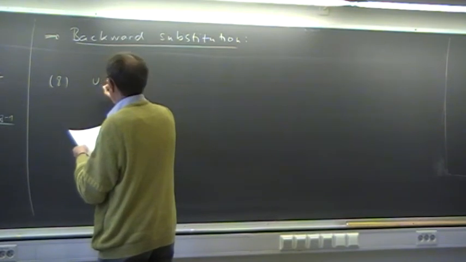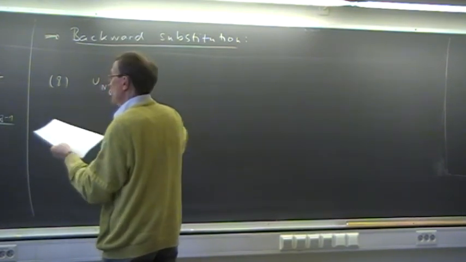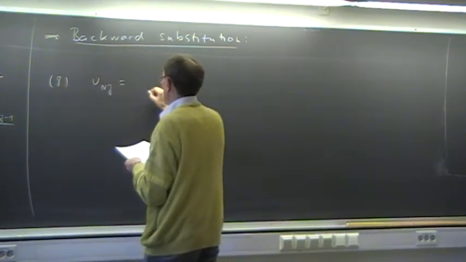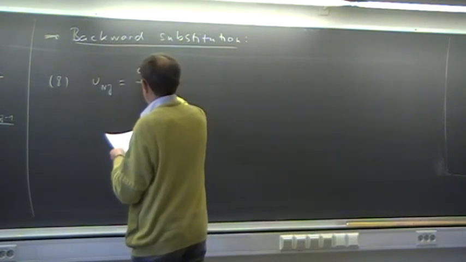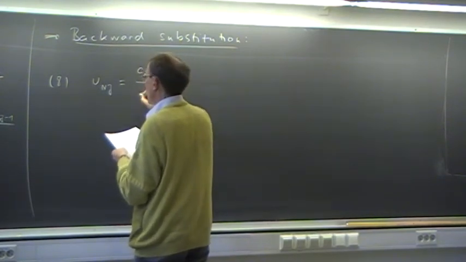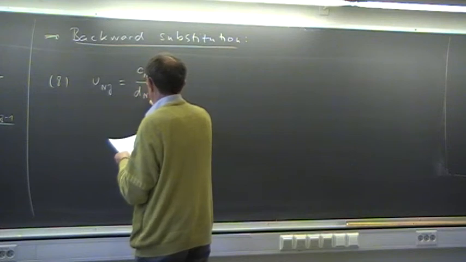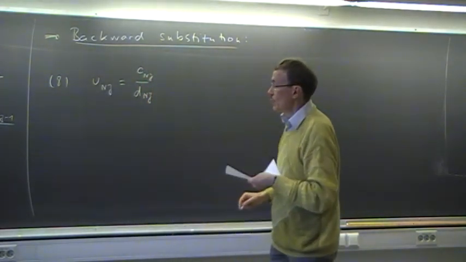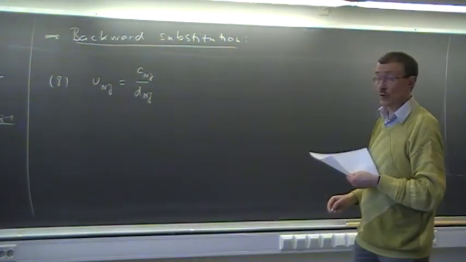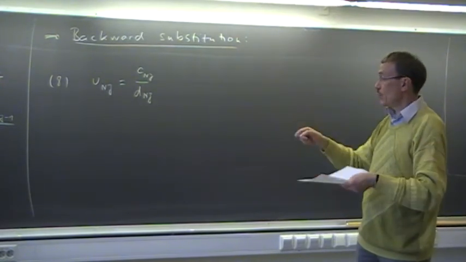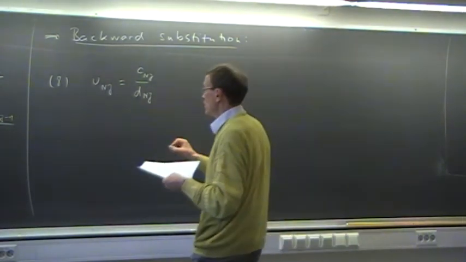The U nj is equal, that is the first one, that is equal then the C nj divided by the D nj. That is the first one, which is exceptional. That is just to start with. But the other ones have a similar pattern.